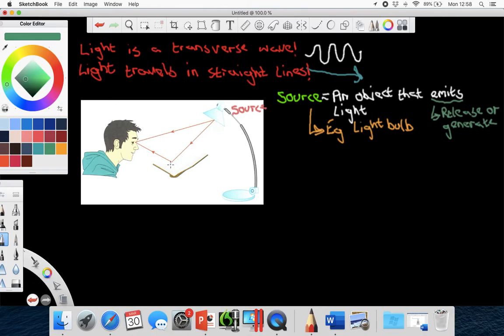Now, what's happening here is that the light is being emitted by the source. It is reflecting off the book into the person's eye, which is absorbing the light.